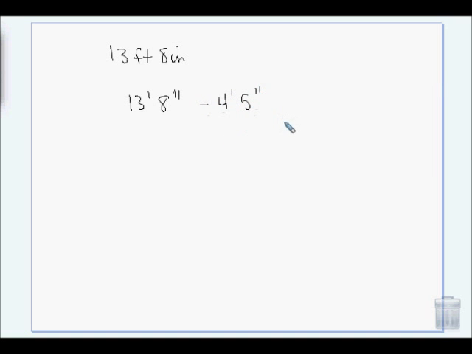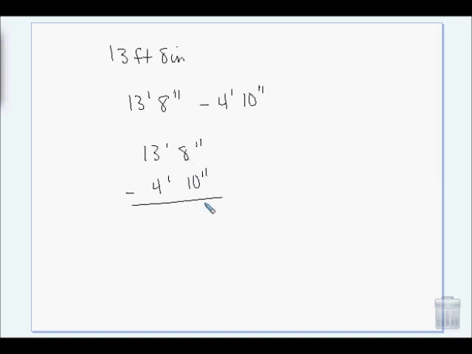How much log do I have left? Oh, that's not a good example. Let me change that 5. I'm not going to have to borrow with a 5. Let's make it 4'10". So I'm going to take 13'8" and subtract 4'10" from it.